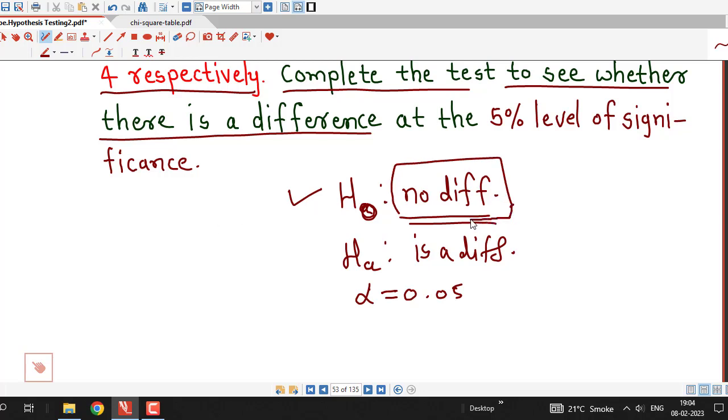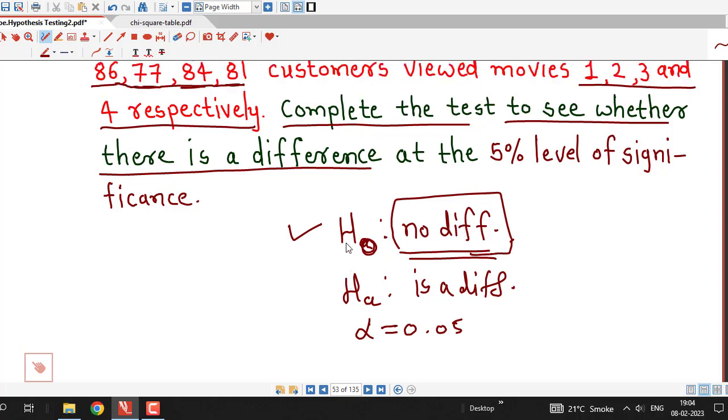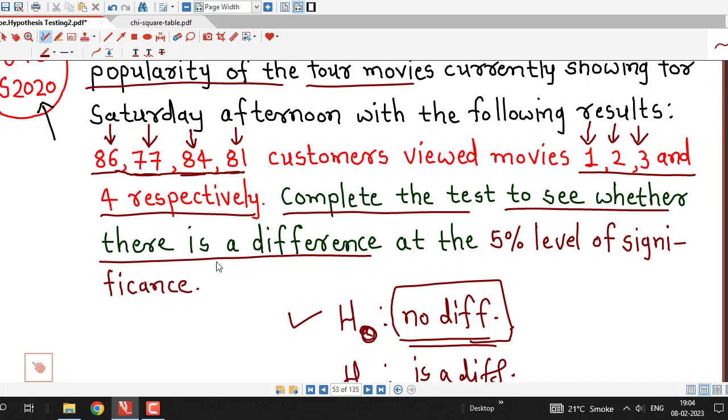Now it is clear that if there is no difference in the popularity of the 4 movies, then the number of customers who viewed those 4 movies must be equal. That means we will find the expected frequencies assuming that the null hypothesis is correct.